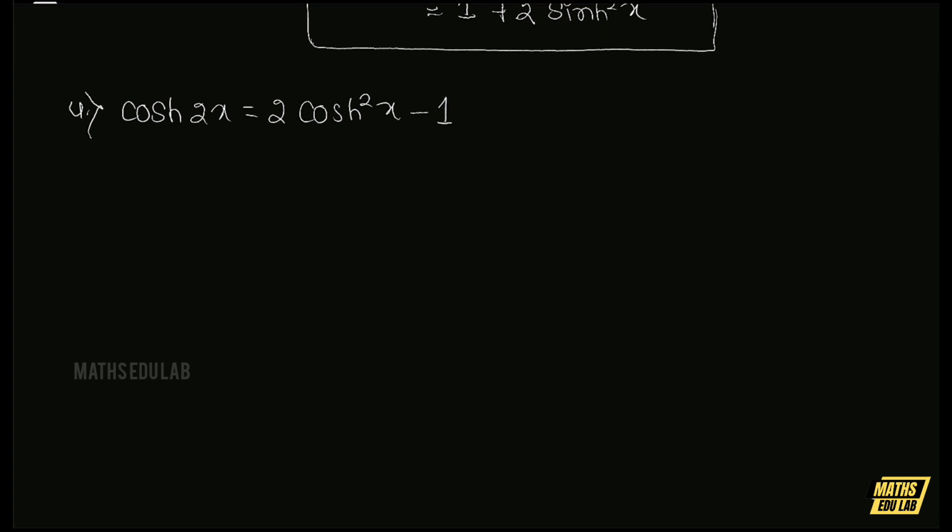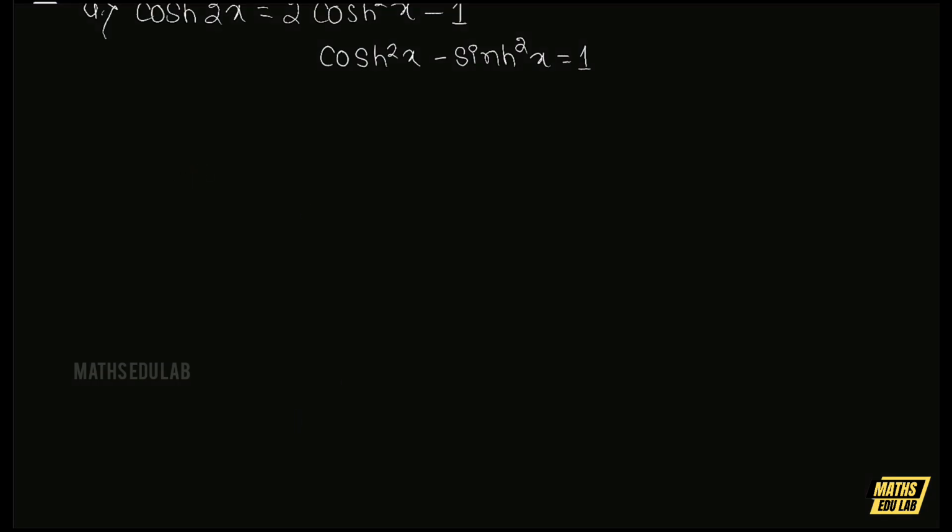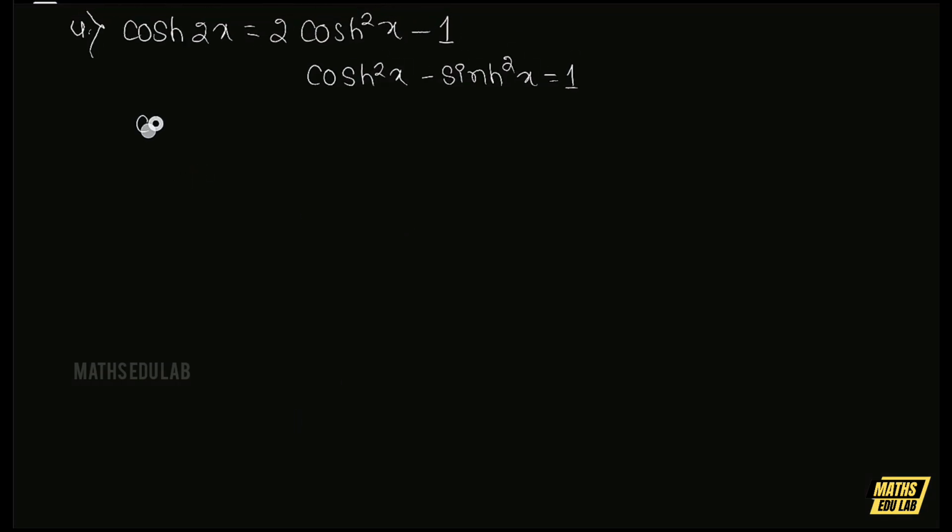In order to prove this part, we will take the help of the following identity: cosh square x minus sinh square x is equal to 1. Then if I write this one as cosh 2x is equal to cosh square x plus sinh square x.